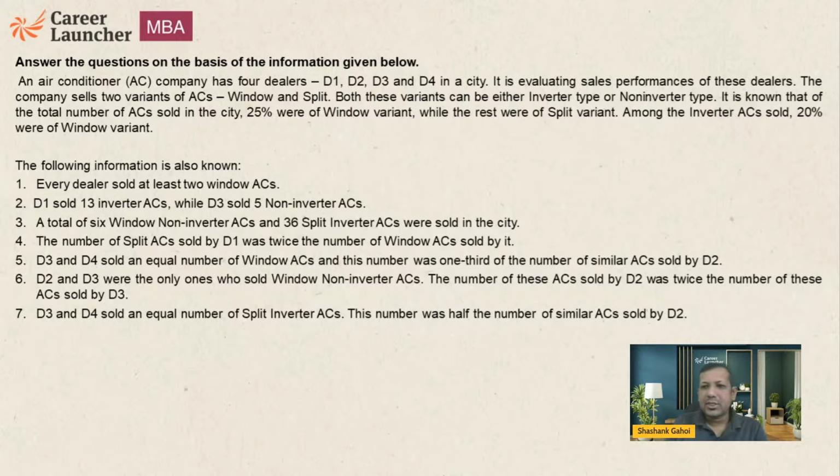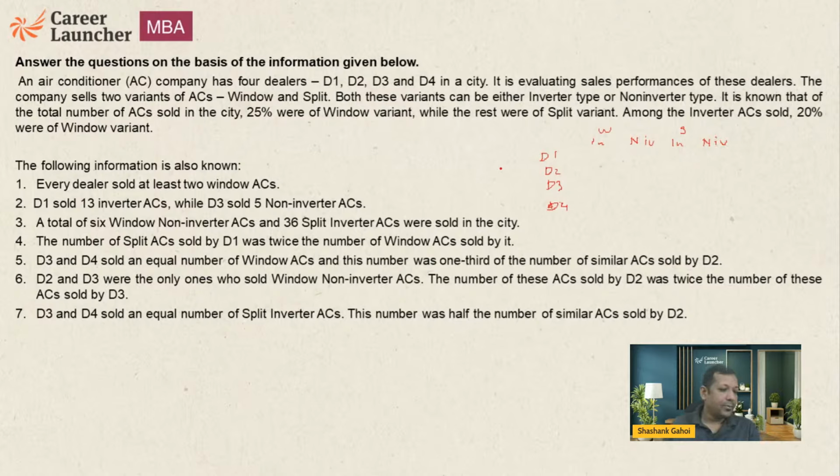So till now I know there are 4 dealers: D1, D2, D3, D4, and there are window, there are split, there are inverter, there are non-inverter. So basically inverter and non-inverter are going to be in both categories, windows as well as split.